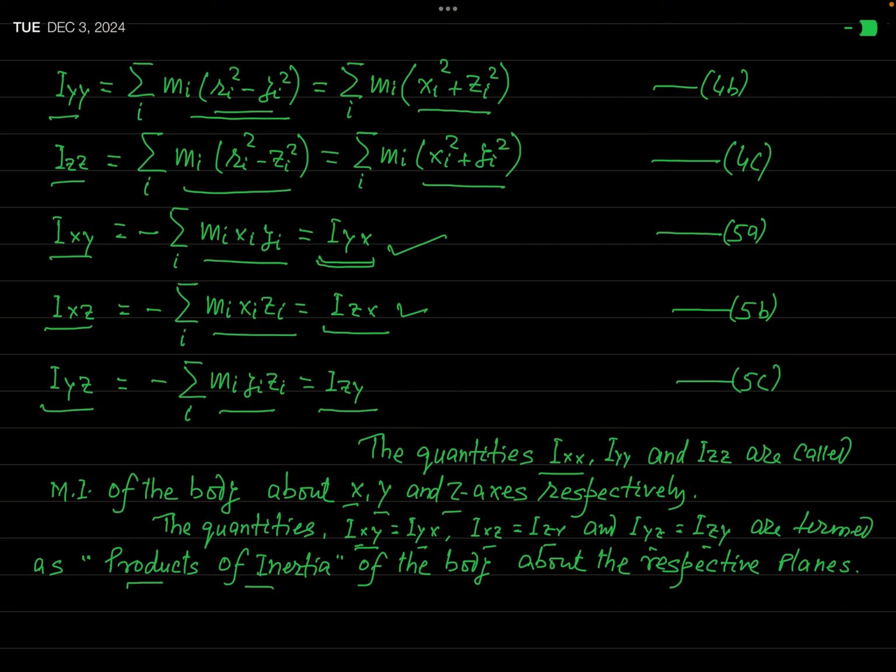Okay, and Iyz or Izy is the product of inertia of the body about the yz plane. So one thing is very remarkable here. You can see the moment of inertia of the body is defined about an axis, but the product of inertia of the body is defined not about an axis but about a plane, with respect to a plane. Have you understood? This is a very simple concept. Definitely you are getting the things. Okay.